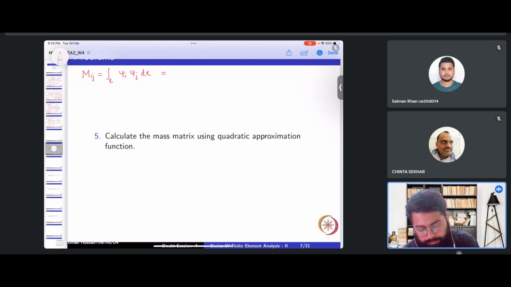If we consider the same limit as before, 1 to 2, psi i psi j dx, then our quadratic functions are psi 1 is zeta by 2 times zeta minus 1, psi 2 is zeta square minus 1, psi 3 is zeta by 2 times zeta plus 1.